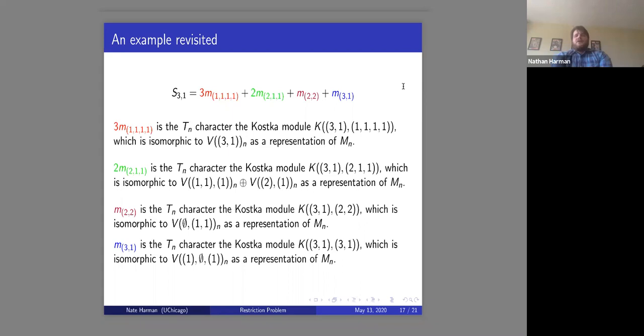Well, I'm just defining this Kostka module as a part of the representation where the torus acts in a certain way. But yes, the real difficulty seems to be in understanding how those decompose as representations of the monomial matrices. That seems to be the only step which doesn't have a combinatorial answer right now.